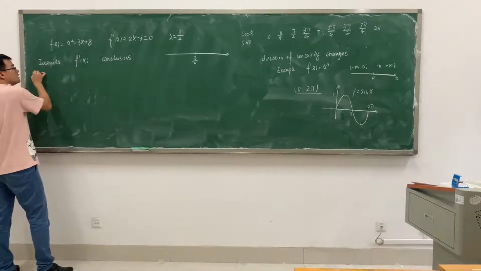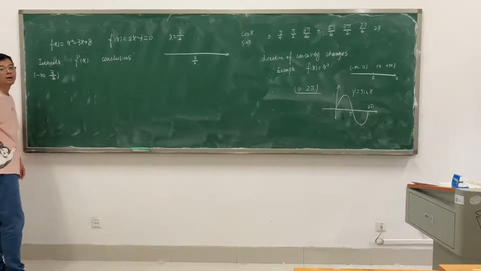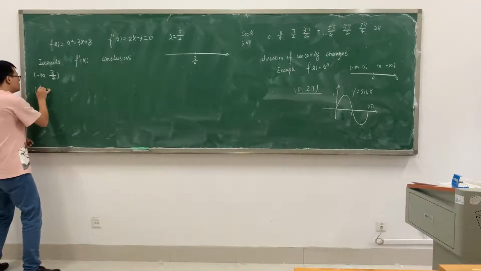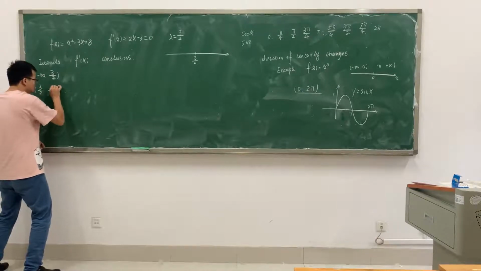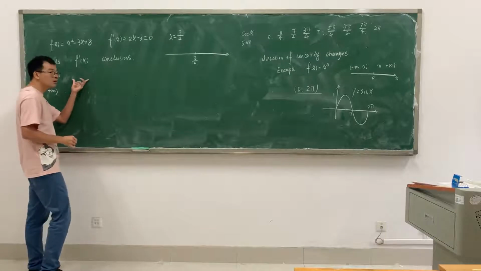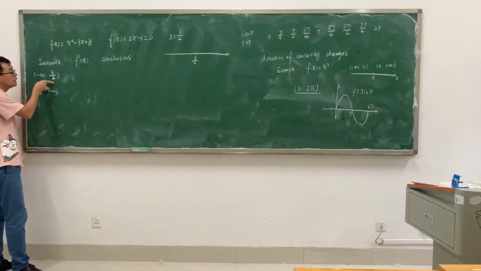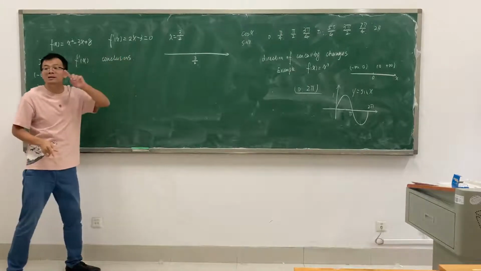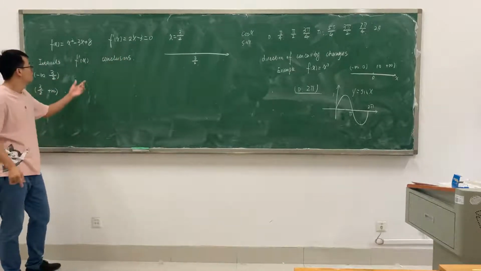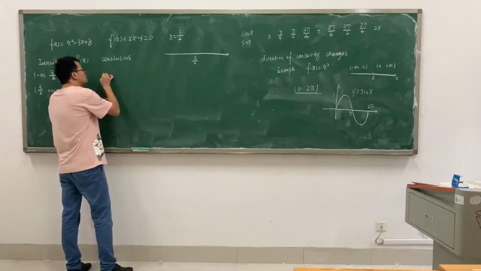So the first interval is minus infinity to 3 by 2, yeah? The second interval is 3 by 2 to plus infinity, okay? For the first interval, is f prime greater than 0 or less than 0, where x belongs to this interval? Is 2x minus 3 positive or negative? Of course, negative, yeah? So here it's decreasing.